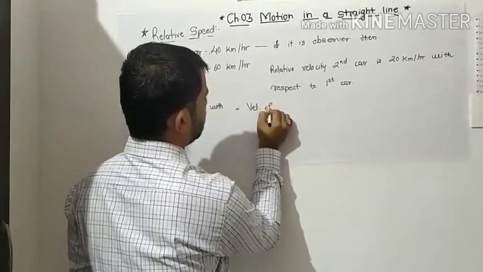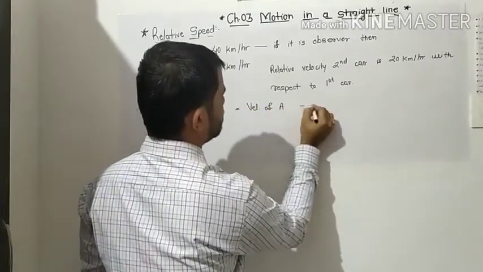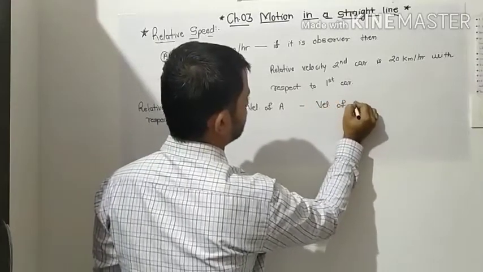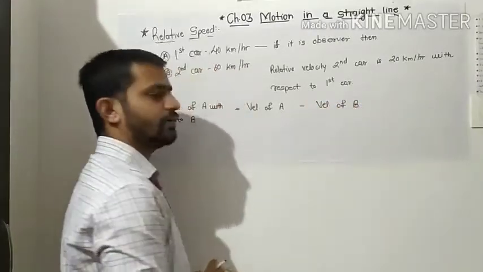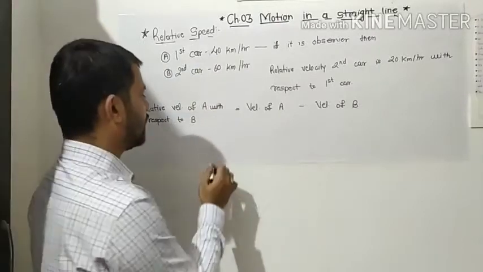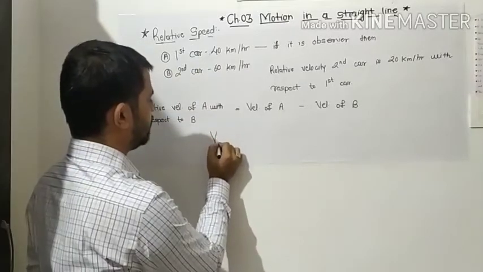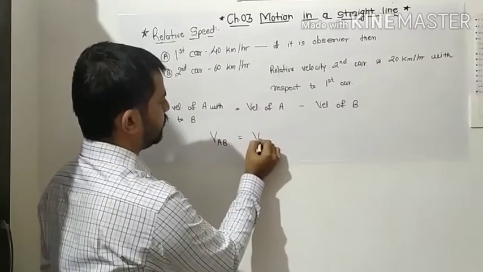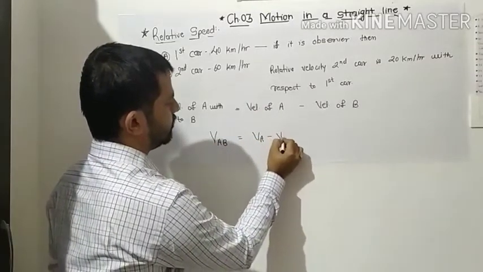Velocity of A minus velocity of B. How can we write it? Velocity of A with respect to B is equal to velocity of A minus velocity of B.